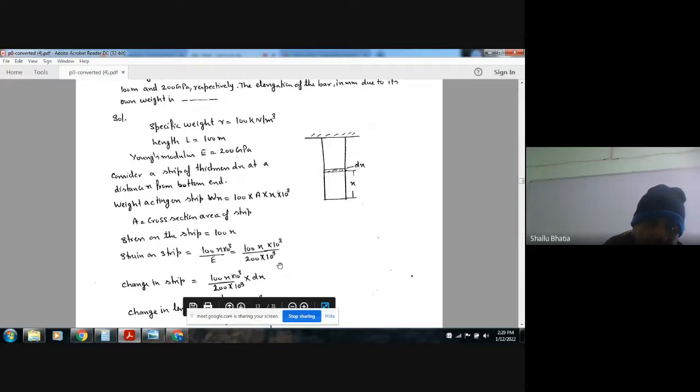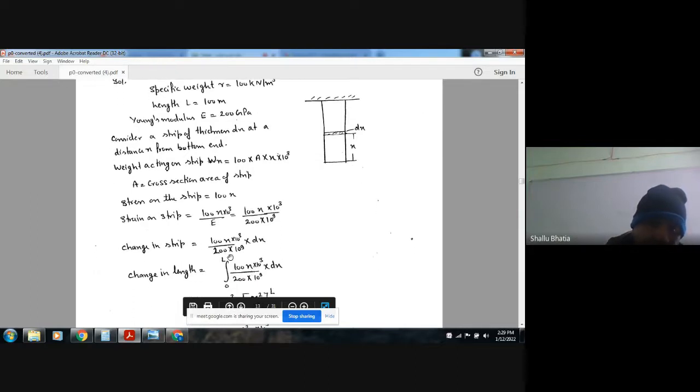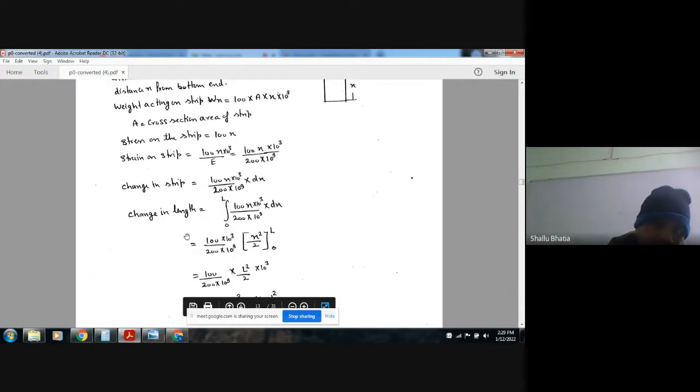This is the strain in the strip, and as the length of the strip is dx, multiplying by dx gives the change in length of the strip. The change in length of the whole bar we can get by integrating from 0 to L. Integrating gives 100 into 10 to the power 3 divided by 200 to the power 9, and the integral of x gives L square by 2.